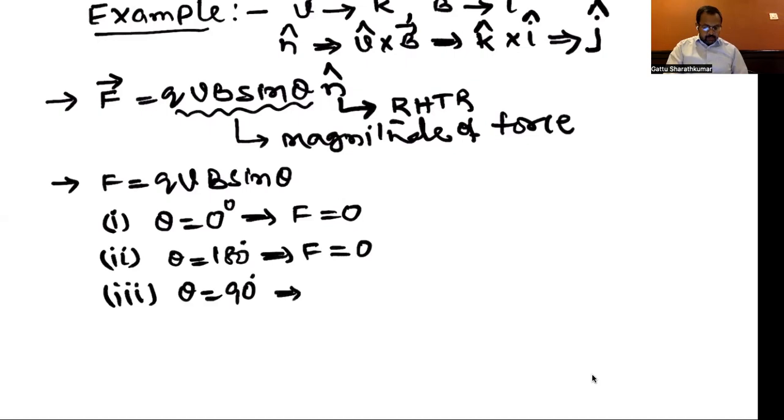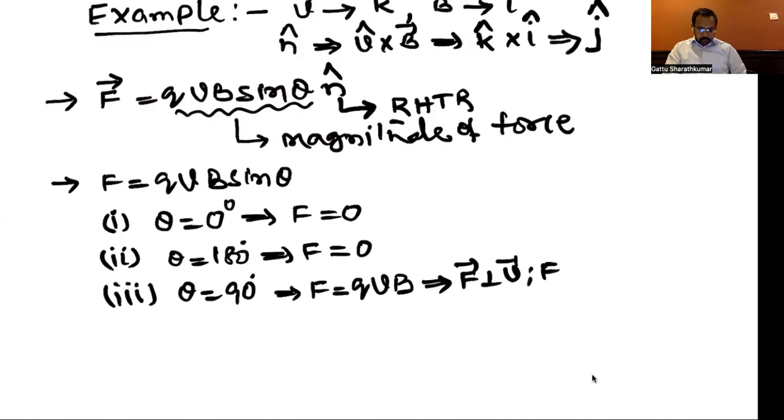In this particular situation, your force will become qvB. Meaning is force is perpendicular to the magnetic field as well as velocity. Meaning of this is F is perpendicular to velocity and F is perpendicular to the magnetic field. This particular force will provide centripetal force.